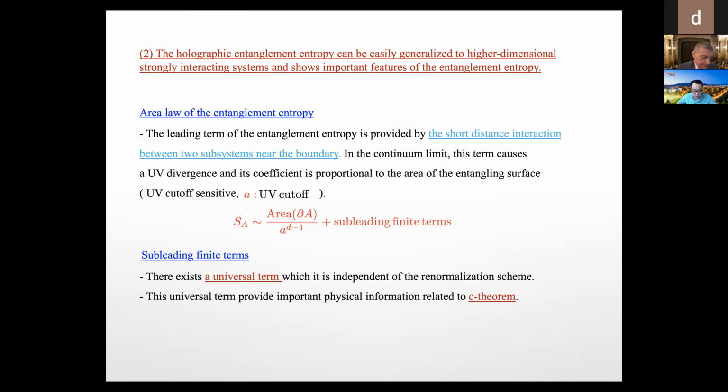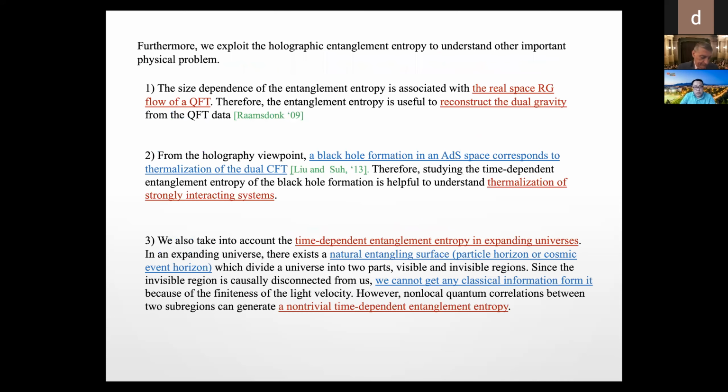In four dimensions, there are several types of anomaly term, A type and C type. Holographic entanglement entropy shows that the A-type anomaly monotonically decreases. This is an important feature, but this is the story in the time-independent case.